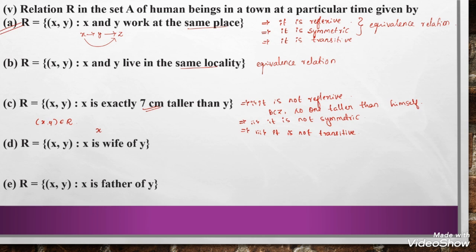So x is a person taller than y. Okay, x is exactly 7 centimeter taller than y.